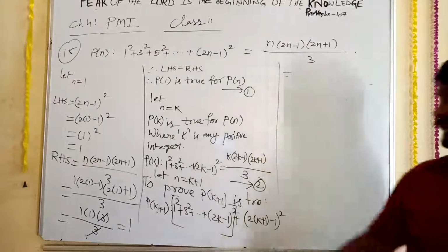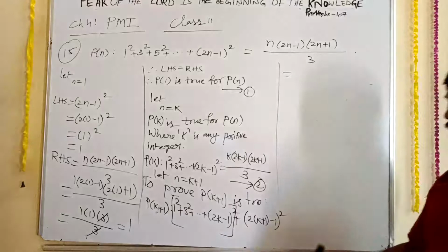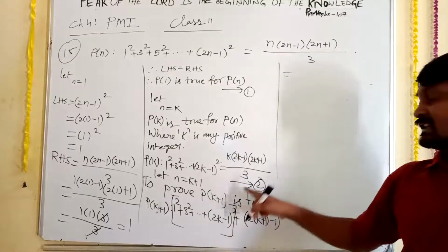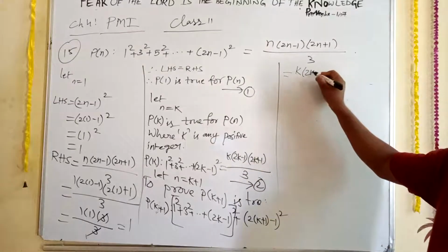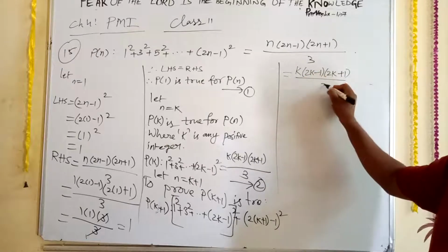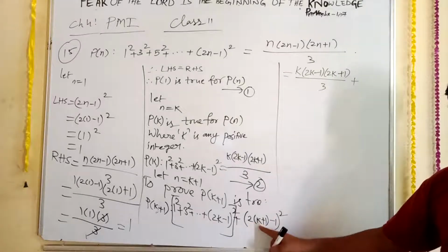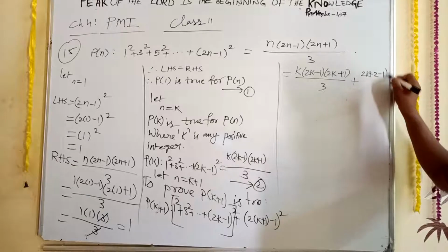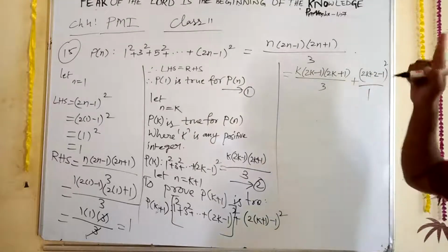So that is equal to, after the equal sign, what is this? This is equation number 2. It says that k into (2k minus 1)(2k plus 1) upon 3 plus, here multiply, 2k plus 2 minus 1 whole square upon 1. 2 minus 1 is nothing but 1.